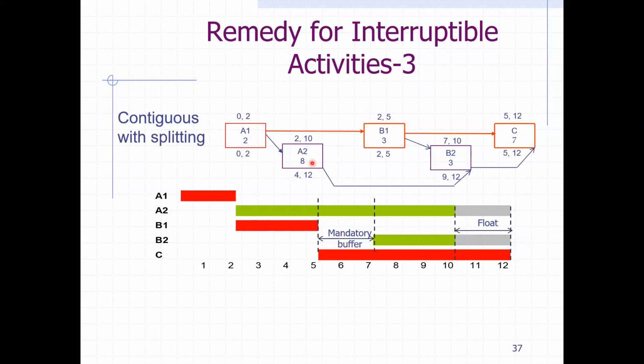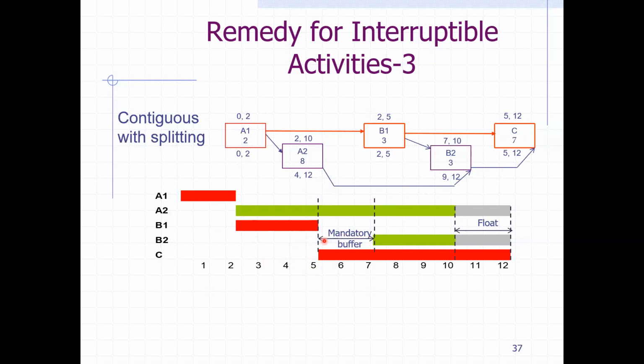But for B2, A2 must be done for B to be done at the same time, with an uncritical finish-to-finish relationship here. So the split here, as you can see for B1, it's from 1 to 2, but for B2, again, B1 and B2 is one activity, right?